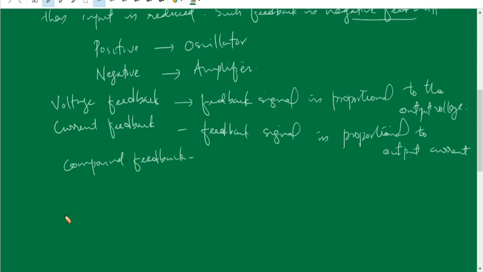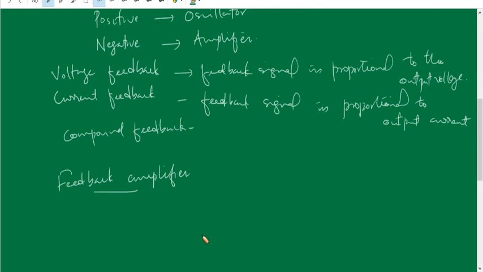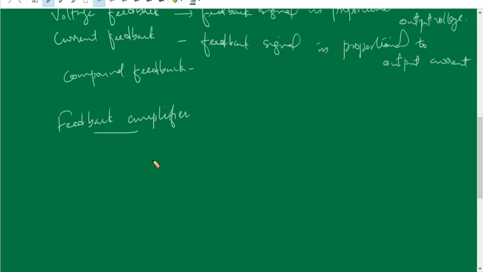Okay, now let us talk about the feedback amplifier. We have studied about the amplifier, the common emitter amplifier. Now we are using a feedback network also in this. So a feedback amplifier consists of an internal amplifier, along with a feedback network.